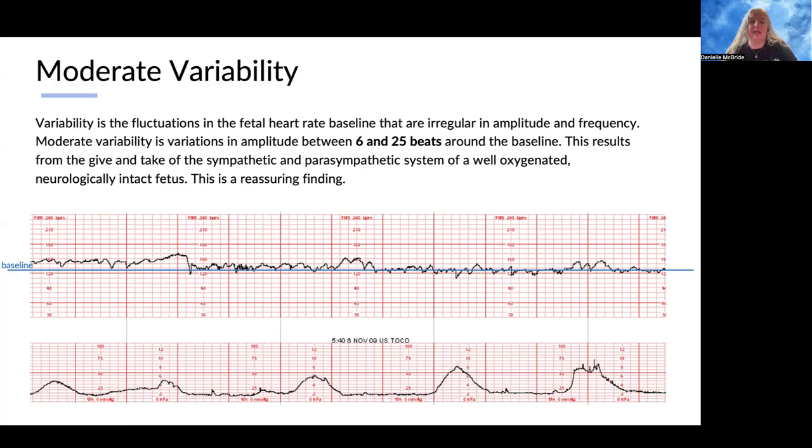Moderate variability is a reassuring finding, and it is the desired variability that we would like to see. Since each of these boxes going up and down are 10 beats each, you can easily see where these variations in amplitude do meet the criteria of being between 6 and 25 beats around the baseline.